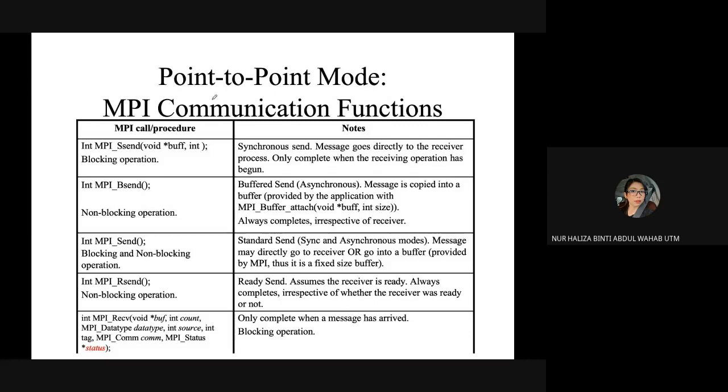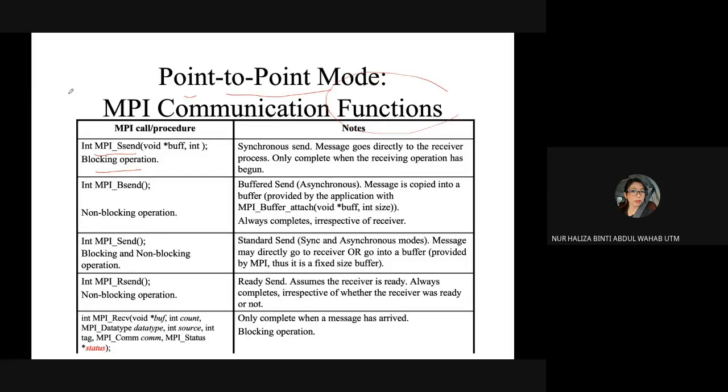Okay, now point to point mode. What are your MPI communication functions just for point to point? You can see there are several that you can use. First, like int MPI_Send, where you put the void buffer and int. This is a blocking operation.